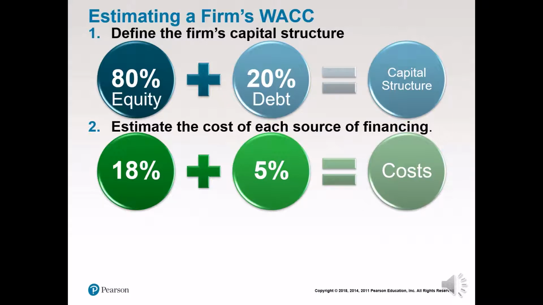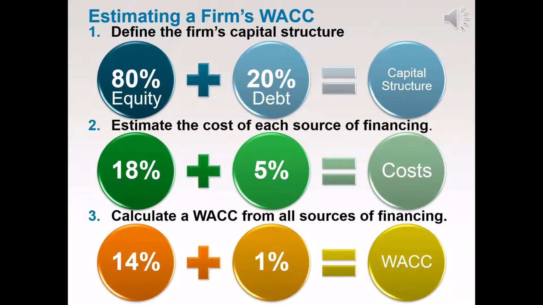The next step is to calculate a weighted average cost of capital from all the sources of financing. We do this by multiplying our percentage of capital structure by our actual cost in step 2 to come up with our weighted average cost of capital. 80% times 18% is 14%.